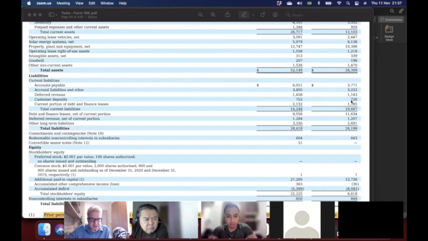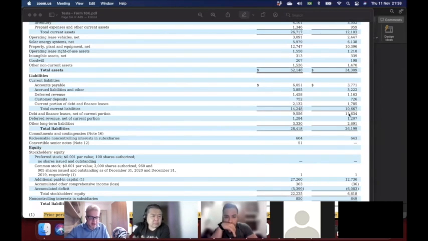Customer deposits, adiantamentos de cliente, 752 million. Current portion of debt and finance leases. Então, a percentual corrente de dívida de longo prazo. Total current liabilities, $14 billion. In 2019, it was 10.